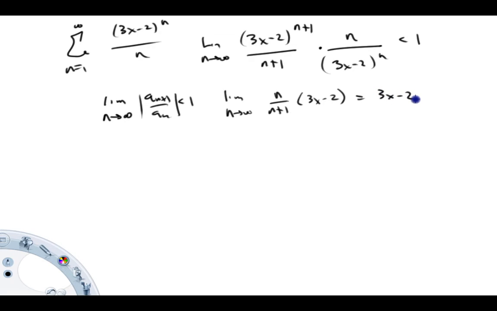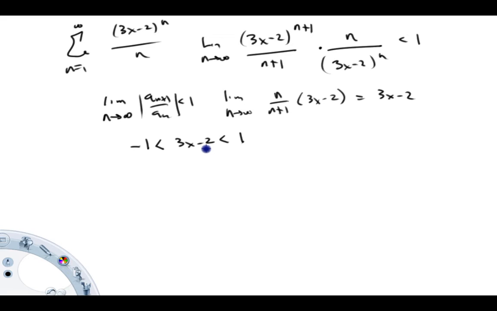Now, for convergence, this limit has to be bound between minus 1 and 1. So we're going to write minus 1 is less than 3x minus 2 is less than 1. And again, this is coming from the ratio test fact that the absolute value of this has to be bound in this region. So this will allow us to find the interval for x.